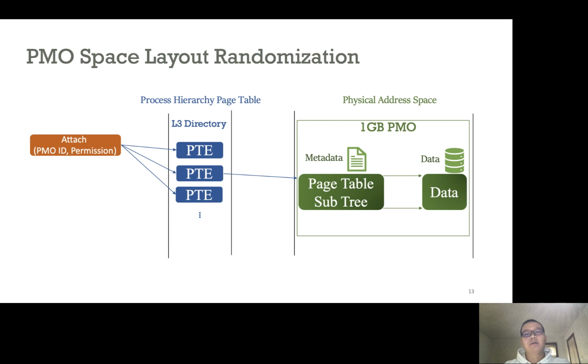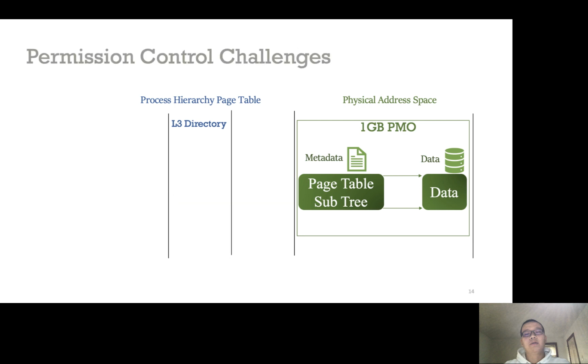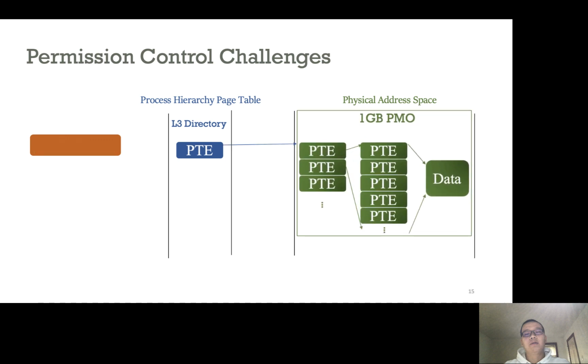But however, a new problem is encountered. The problem is the permission control of the PMO. When the process finishes the attach system call as in the previous step, the requested read-write permission is actually not supported. In the current system, the permission is per-page permission, which is checked in the TLB, but that is stored in the last level page table directory.